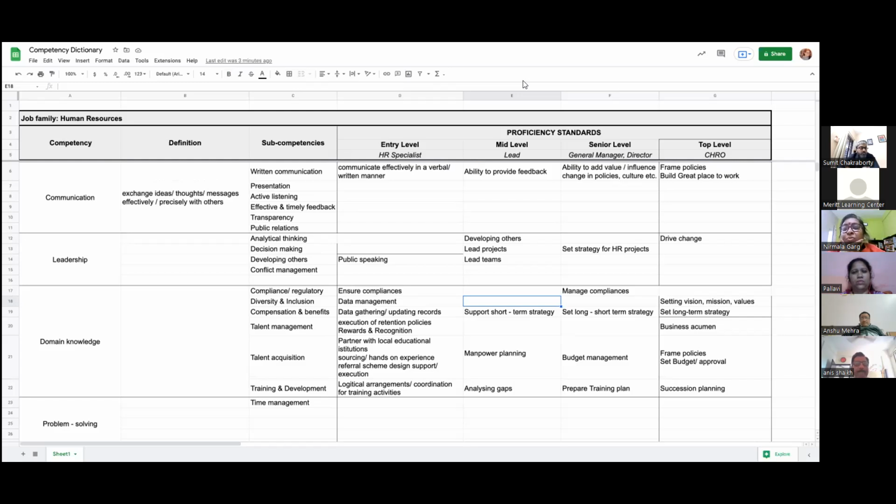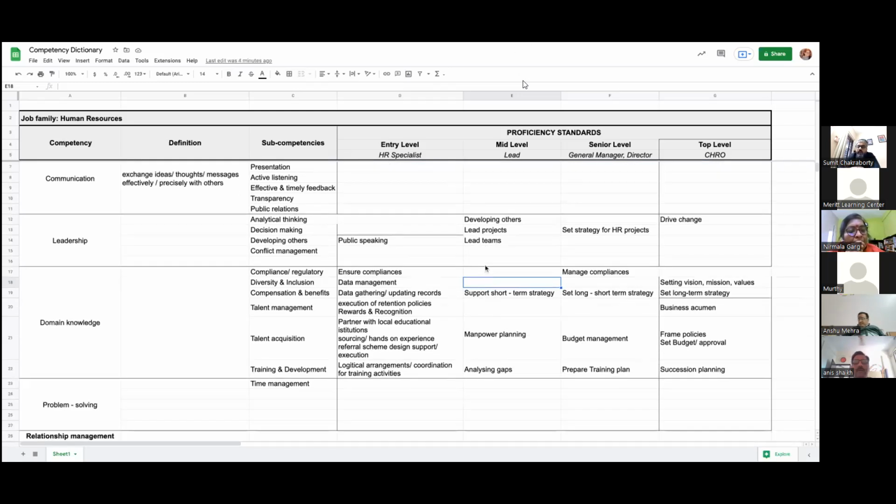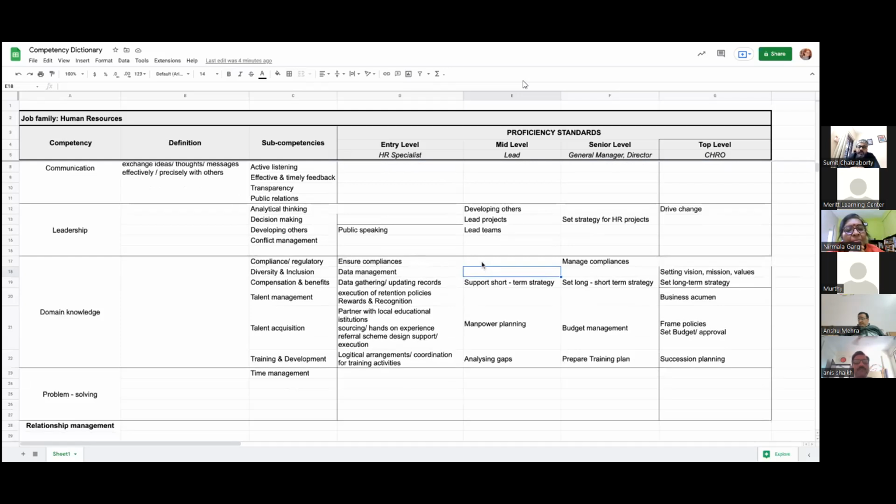Anshu, there is still something I can clarify. First you complete this, then we can quickly discuss. You have just 2 more minutes, guys. Compliance and regulatory, at the mid-level, we can write the knowledge about the compliance. Updated knowledge. He should be aware of the legal complications.